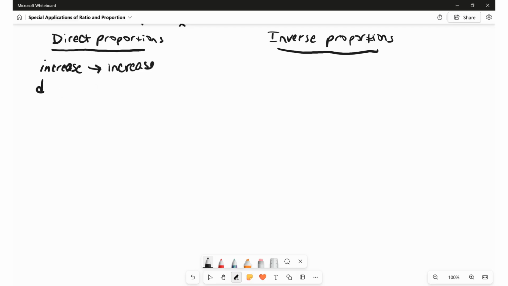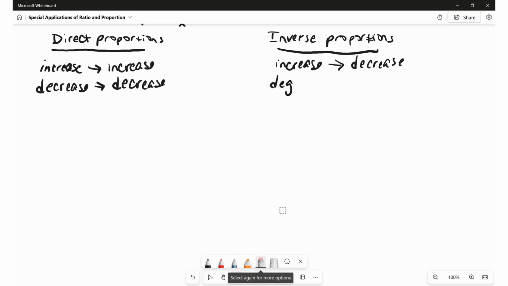Or if thing number one decreases, that means that thing number two is also going to decrease. Whereas with inverse proportions, if thing number one increases, thing number two decreases. Or if thing number one decreases, then thing number two will increase.